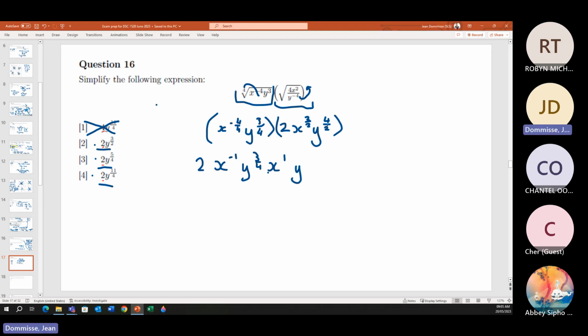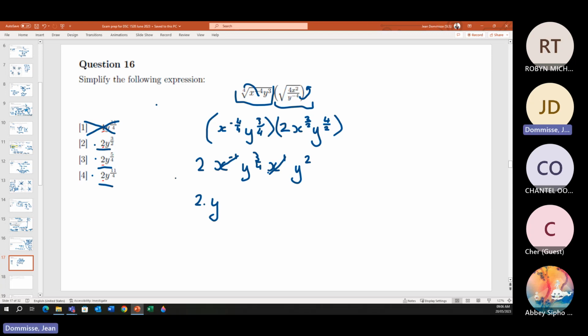And y to the power of 4/2 is 2. So then that and that will cancel out, because -1 plus 1 is 0. X to the power of 0 is 1. So we are left with 2 times y.